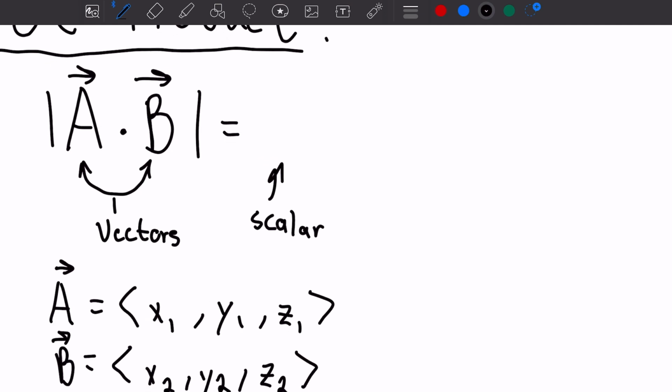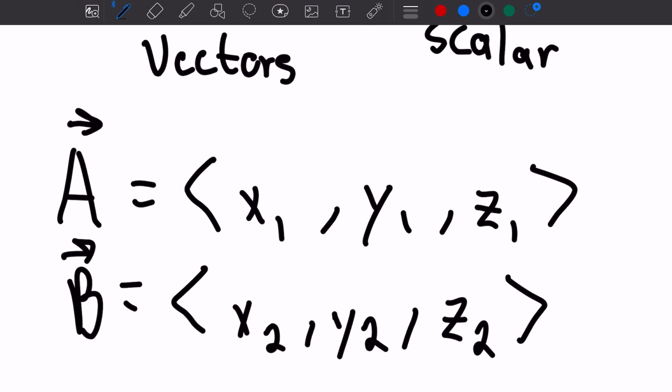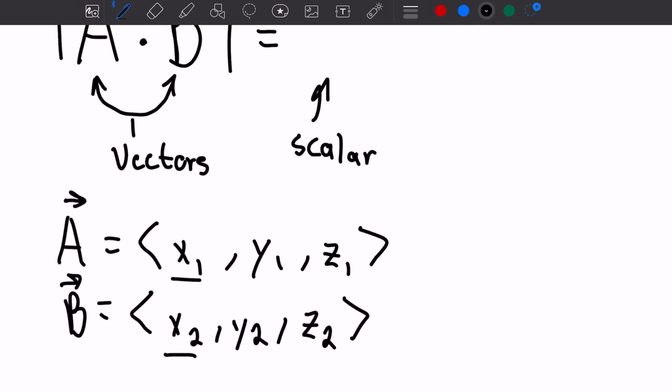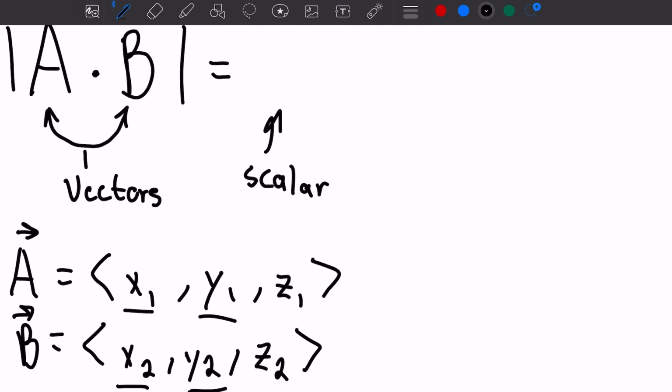We're basically going to be multiplying each of the components with their pair in the other vector. So, for example, we will be multiplying the x1 component in A times the x2 component in B, and we'll add those to the y1 component times the y2 component, and then the z1 component times the z2 component.